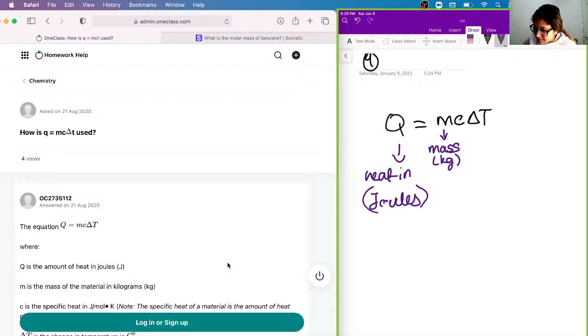And your c is the specific heat capacity, and this is in joules per mole Kelvin. Okay, and the temperature is in Kelvin.